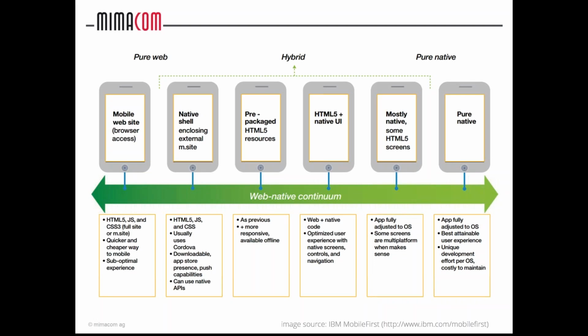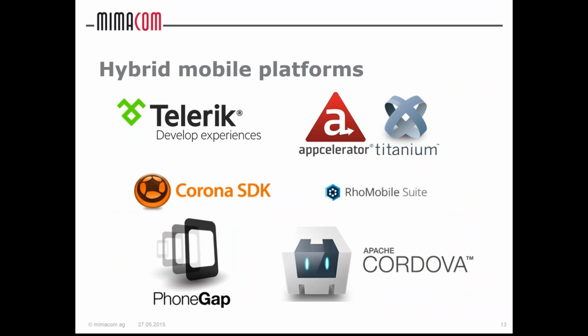And there are also more native frameworks where almost everything is made in native code, and just some parts which are suitable for reuse are made in HTML as separate pages. And there are so many platforms for all of these ways. So we could talk about every one of these parts for a long time.